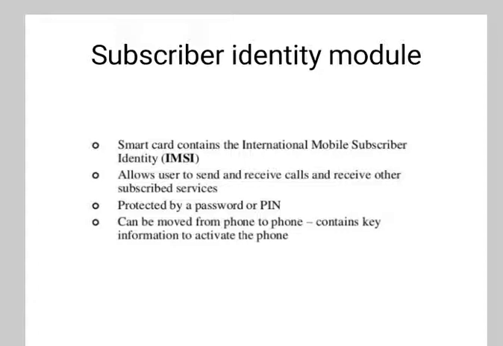So SIM is a removable card that plugs into the ME. It identifies the mobile subscriber and provides information about the service that the subscriber should receive. It contains several pieces of information such as the International Mobile Subscriber Identity, that is IMSI.